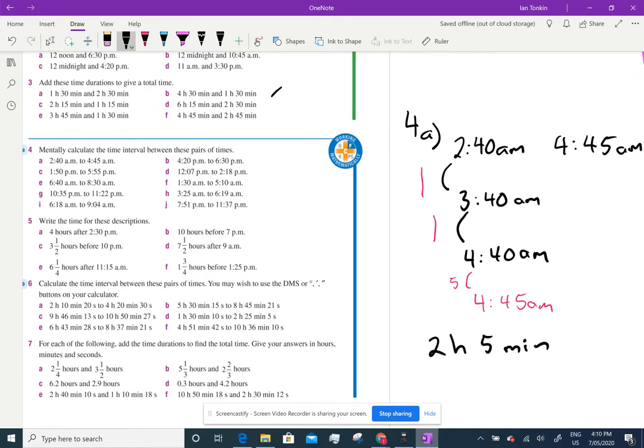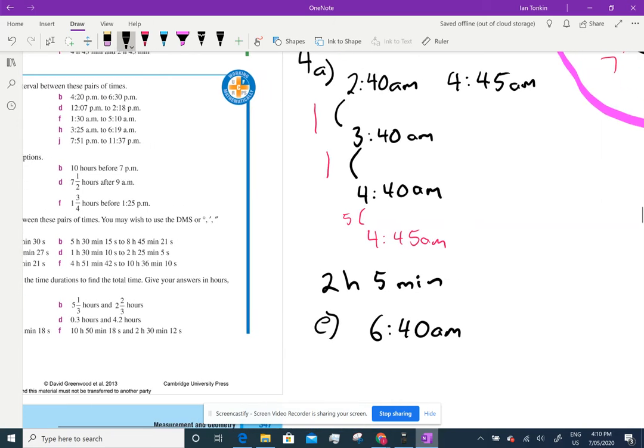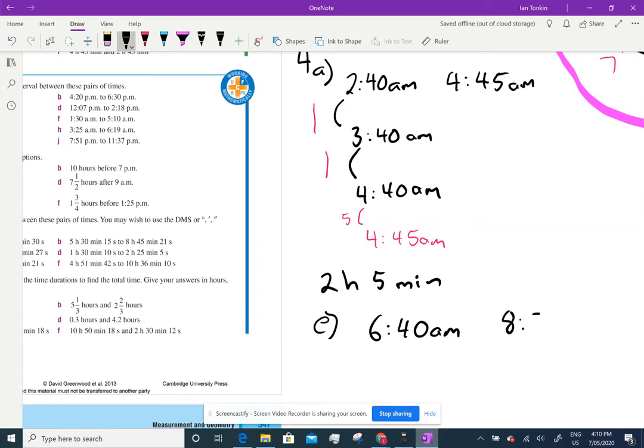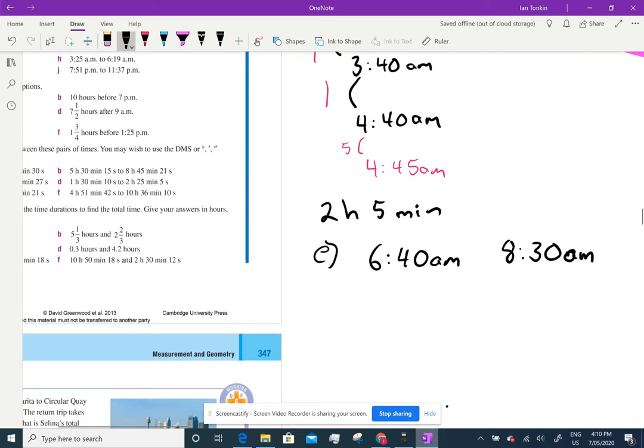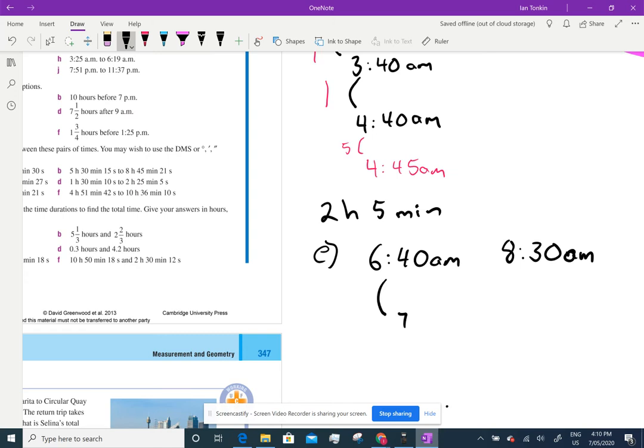And what am I going from? 6:40 a.m. to 8:30 a.m. Now there are two ways of doing this. So 6:40 a.m. to 8:30 a.m. Well, you can go, all right, well, I'm going to go to 7:40 and another hour to 8:40.